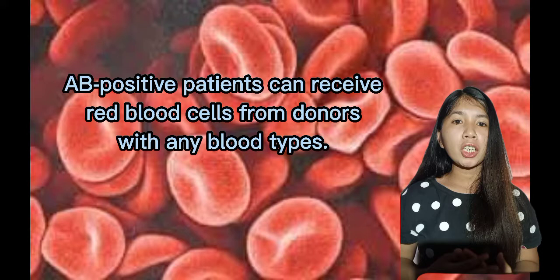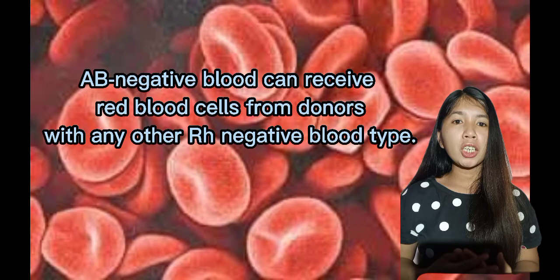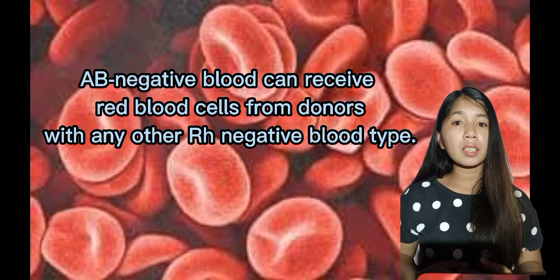Donors who are AB positive are considered the universal plasma donors because this blood component can be transfused to any patient, regardless of their blood type. AB negative patients can receive red blood cells from donors with any other Rh negative blood type. Donors who are AB negative are the universal platelet and plasma donors because these blood components can be transfused to any patient.